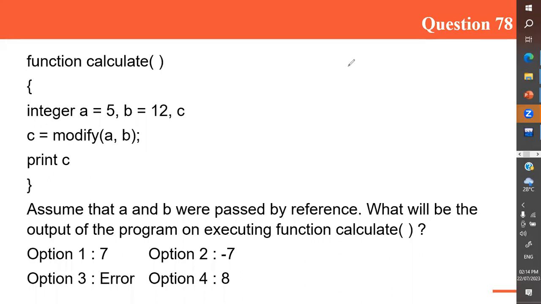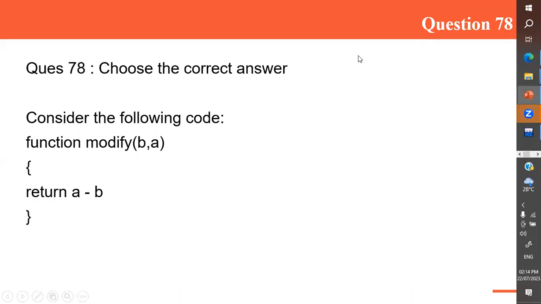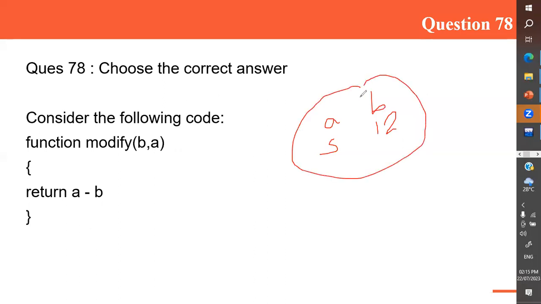If you want, I'll show you. A and B values are 5 and 12. A was 5, B was 12 in the actual call. Here what will it be? You have to predict. Got the answer?